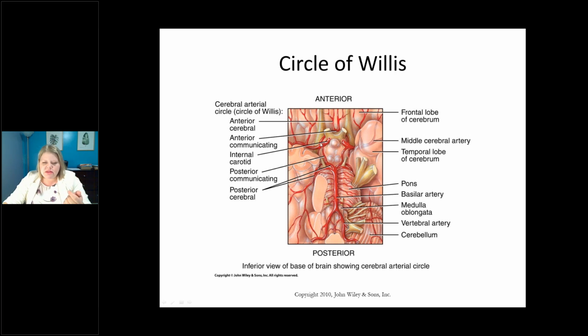Circle of Willis is interesting because if one section is disrupted, there's still an opportunity to go the other way to still create blood perfusion, although the direct area over here is going to be damaged if that was where it occurred. So yeah, just keep that in mind when we talk about strokes, aneurysms, and different cerebral vascular accidents in pathology.